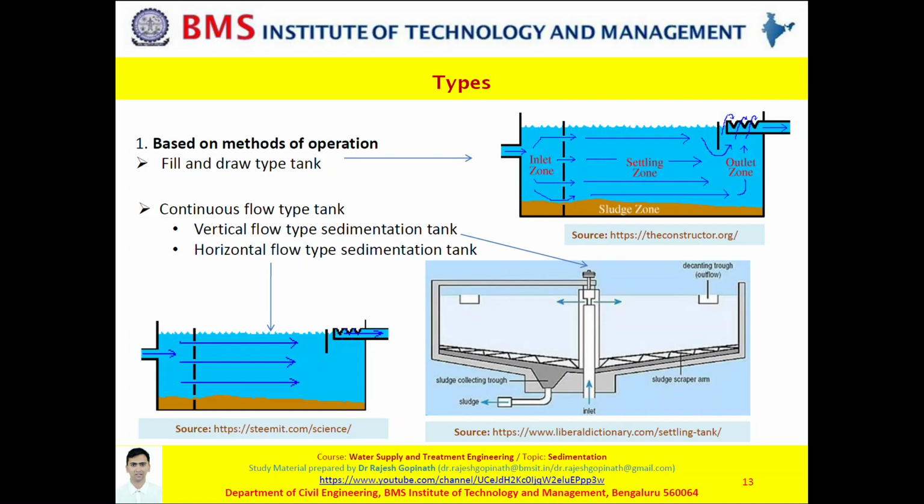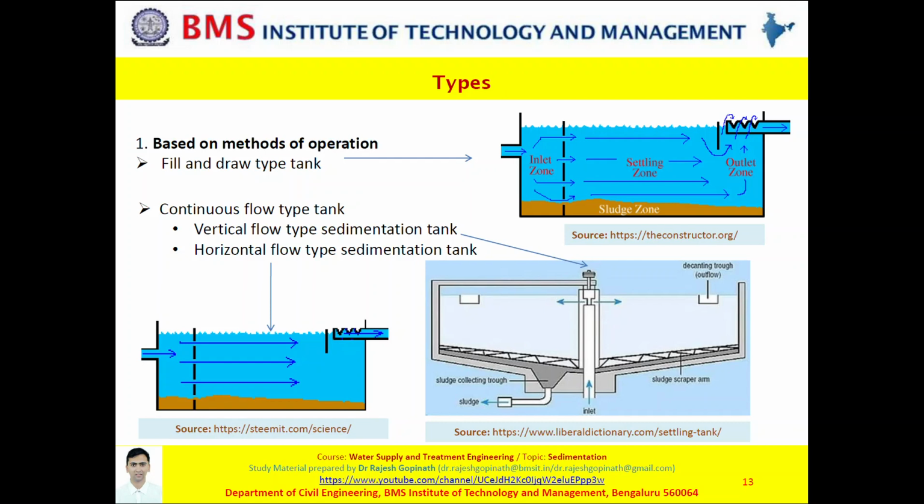In the case of your rectangular tanks, which could be of fill and draw type or your horizontal flow type, the water is moving to the outlet zone and the sludge is collected at the bottom. Now it depends whether it is a horizontal bottom or an inclined or sloped bottom. Now when it comes to your circular tank, you can see the hopper bottom, which facilitates the movement of sludge or sedimented or settleable solids into a particular direction or particular location.